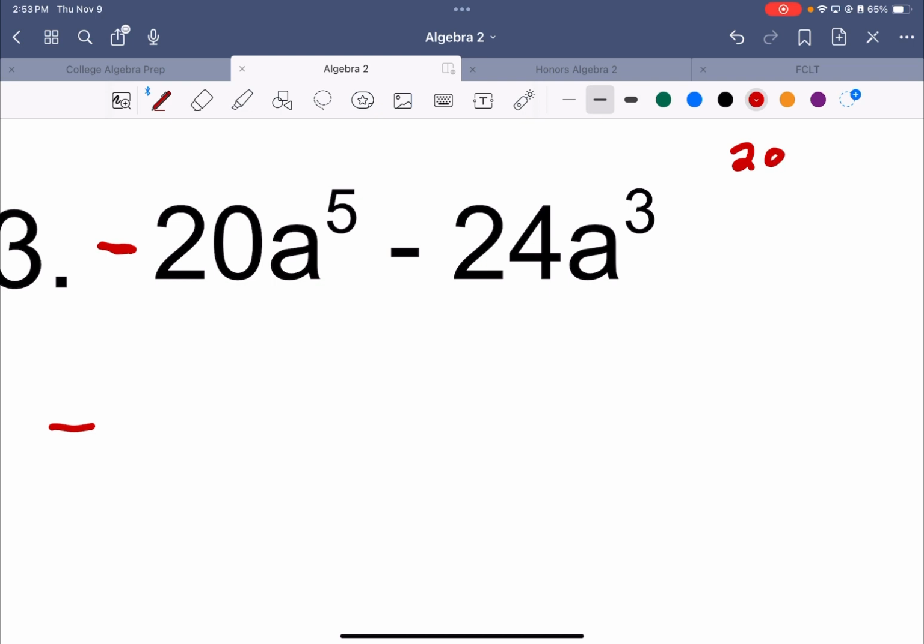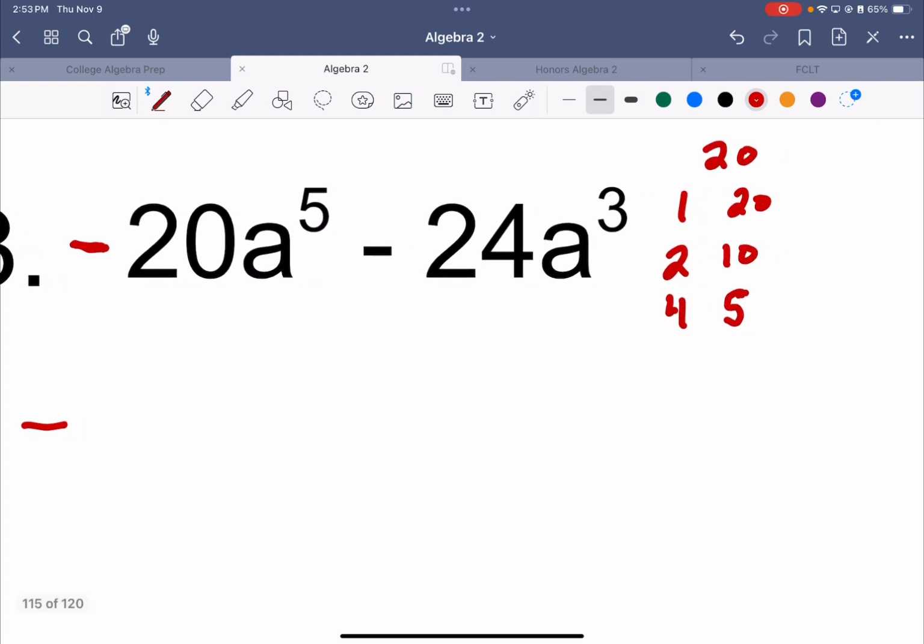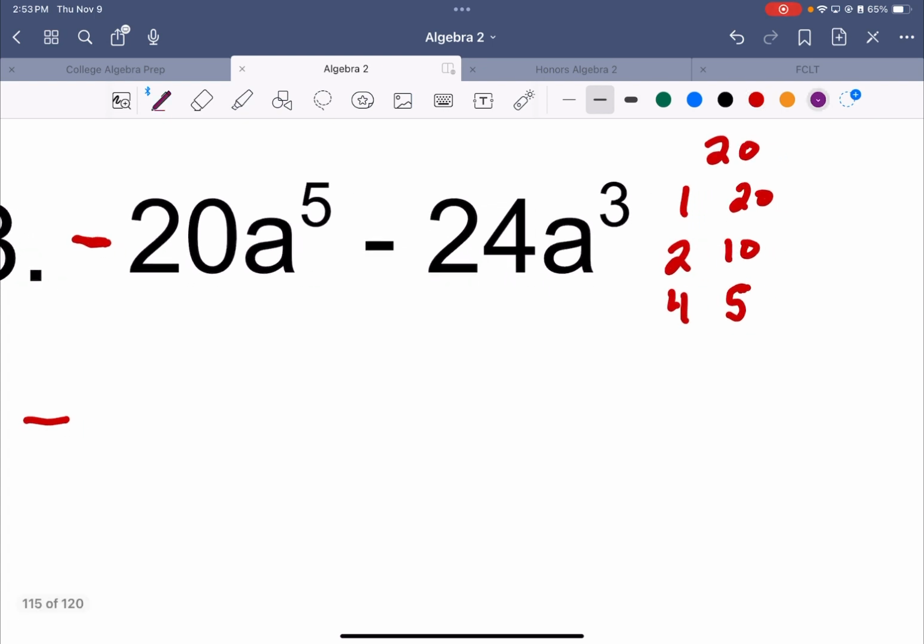Now we're going to look at the factors of 20. It's 1 times 20, 2 times 10, 4 times 5. Don't think there are any others. Factors for 24. 1 and 24, 2 and 12, 3 and 8, 4 and 6.